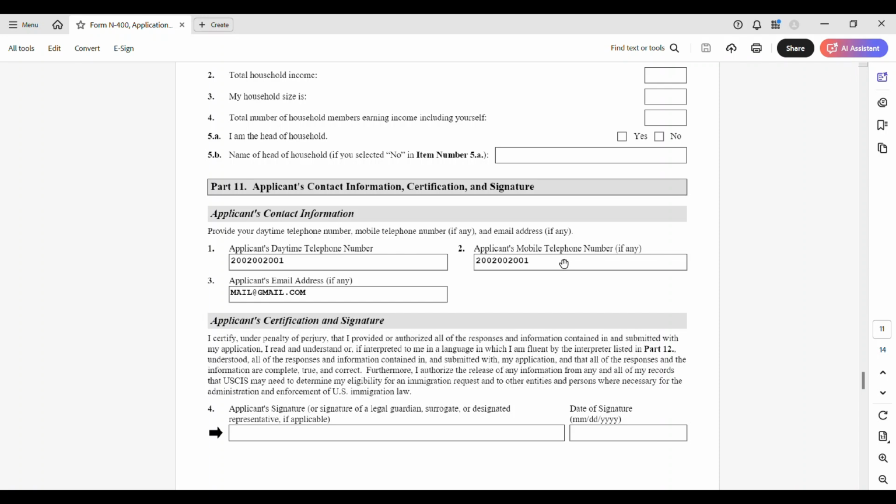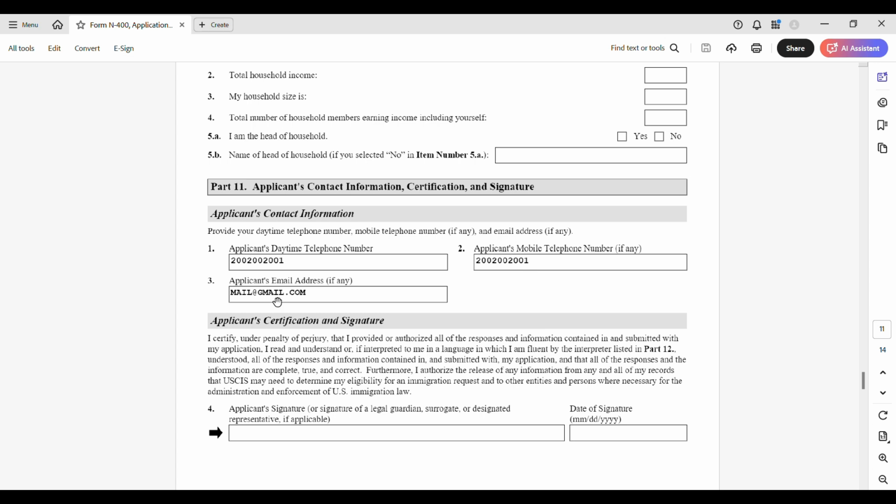Applicant's mobile telephone number here. If you have any of this information, note that in this case, this applicant's daytime telephone number and mobile are one and the same. So your daytime telephone number could definitely be your mobile number.